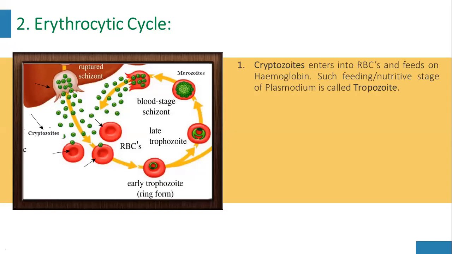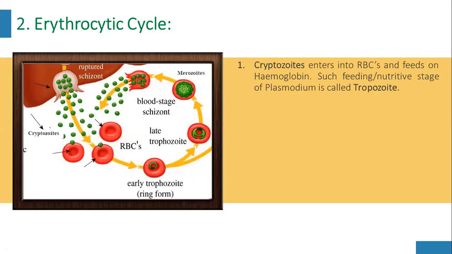Cryptozoites enter into RBC and start feeding on the hemoglobin present in RBCs. Such feeding or nutritive stage of Plasmodium is now called trophozoite. When they were infecting the human being, that was the sporozoite stage, an elongated structure.